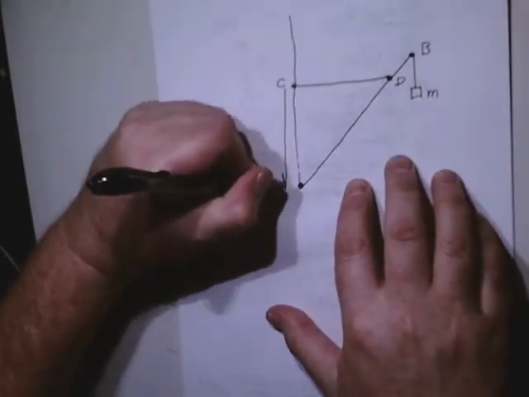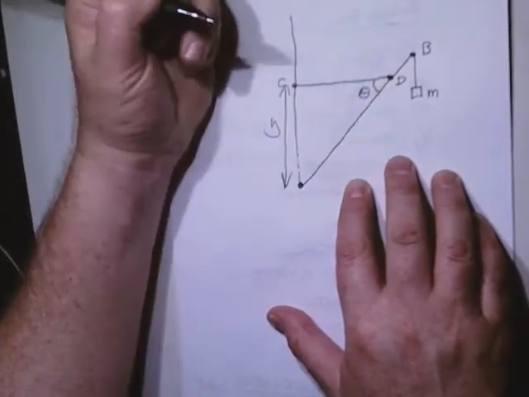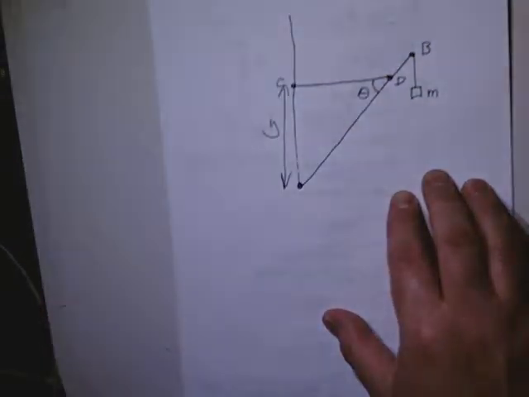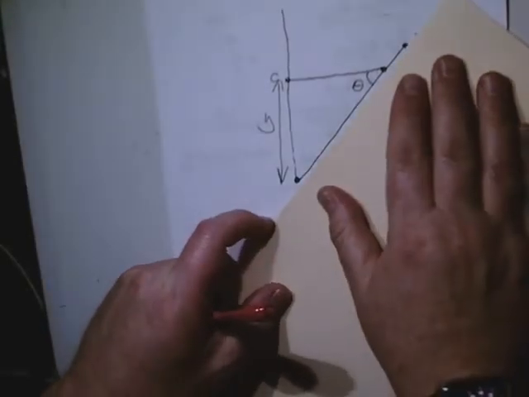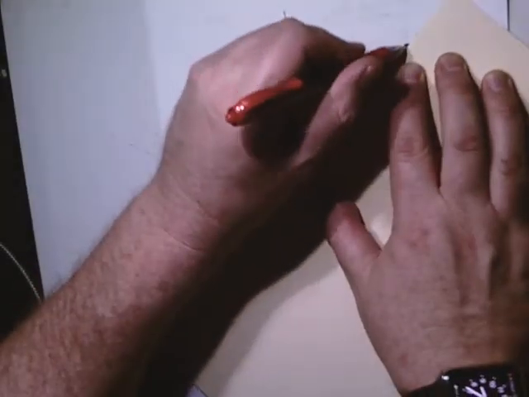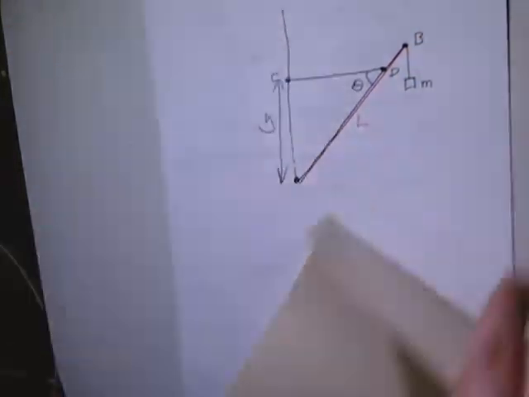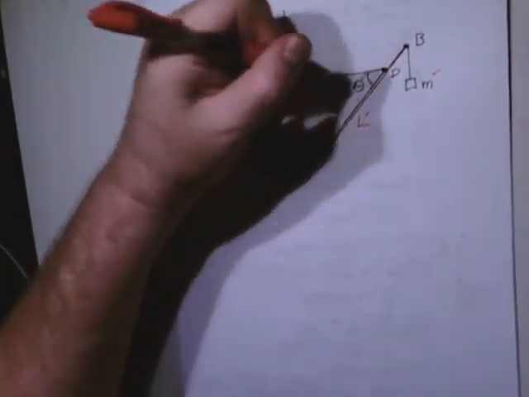So they give you this distance here, they give you that angle there, and they give you this distance here, which I will call L. So that is L. So I know this one, and that.